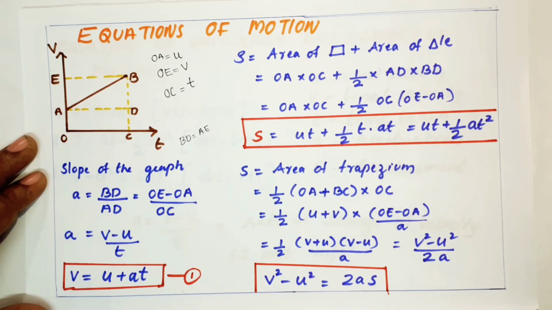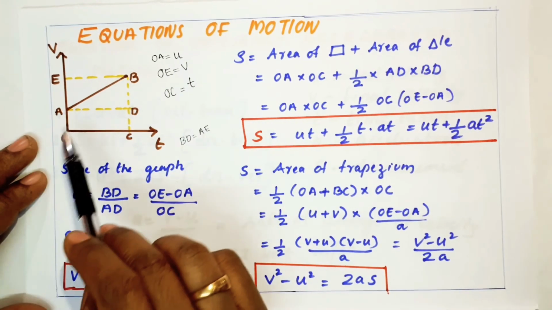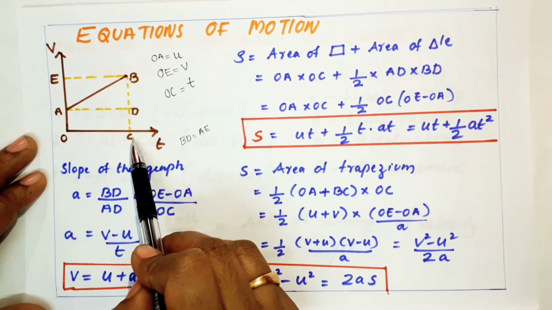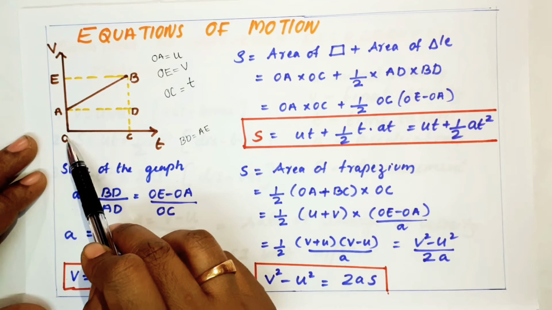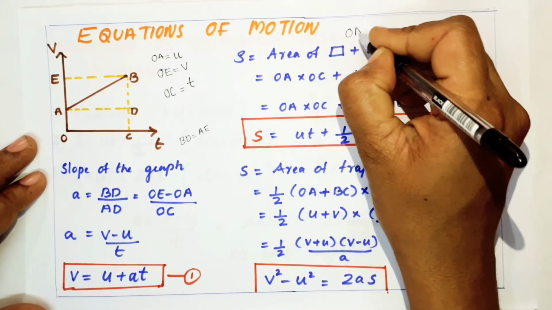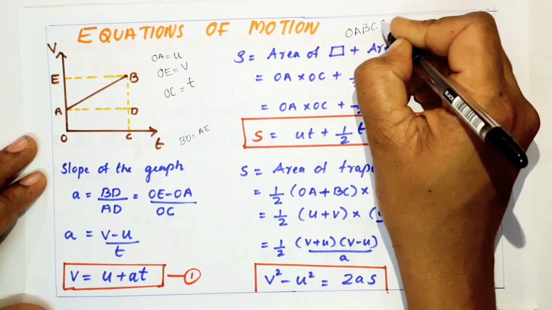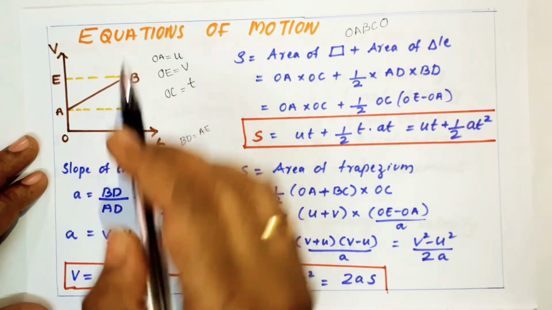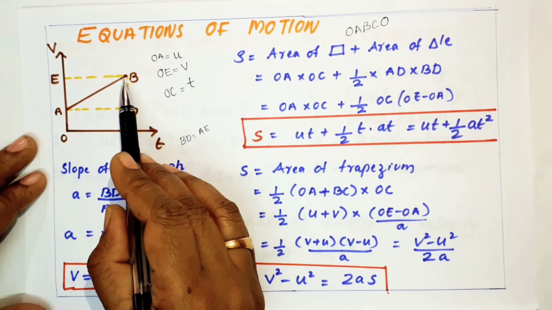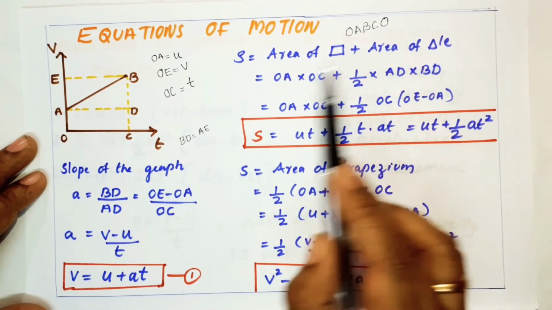Moving to the second equation, I need to calculate the area of the part OABCO. If you examine, this part has a rectangle, and the upper part is a triangle. So I take area of rectangle plus area of triangle.